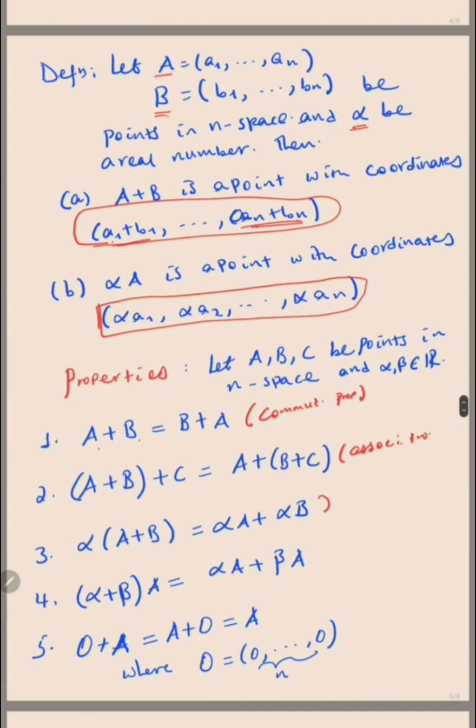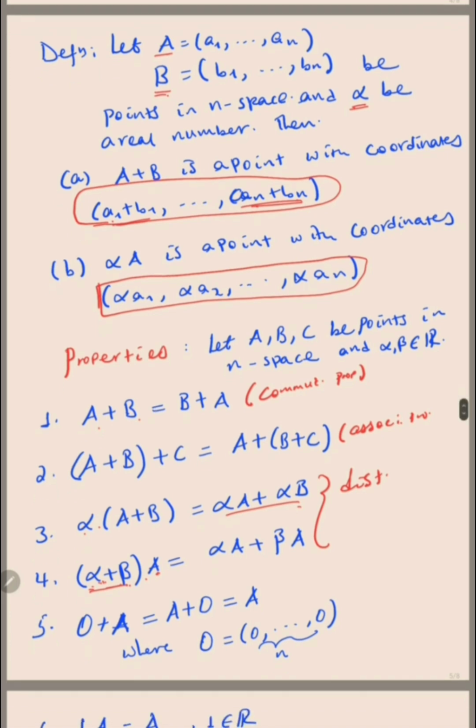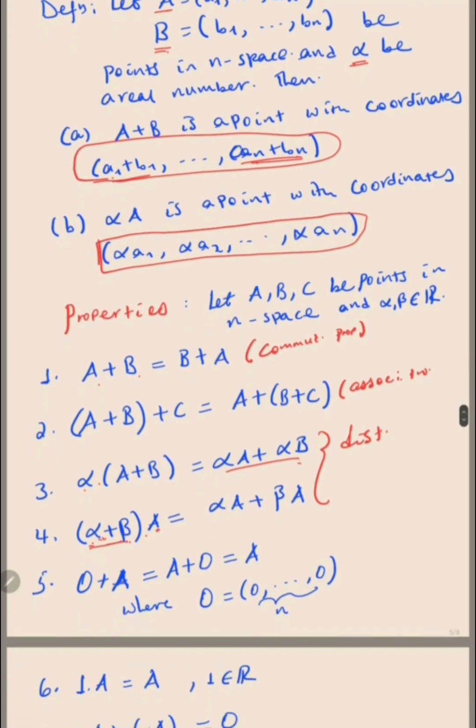And the third and the fourth we call distributive. Here multiplication is distributive, so we can distribute the scalar multiplication like this, and for this one we can distribute the points over the addition of scalars. So we call properties 3 and 4 the distributive property.